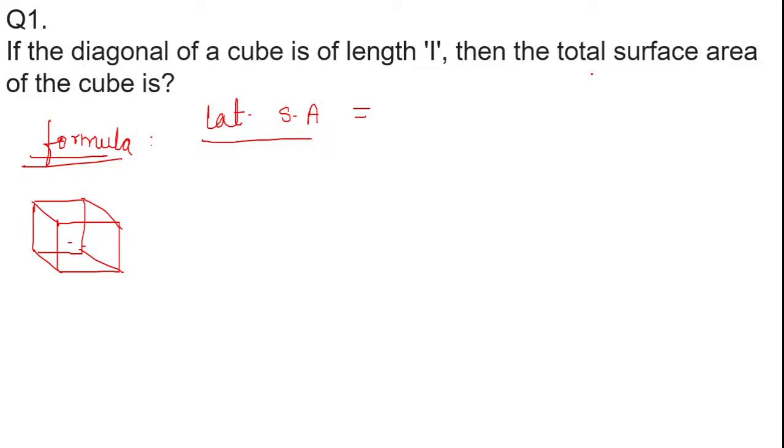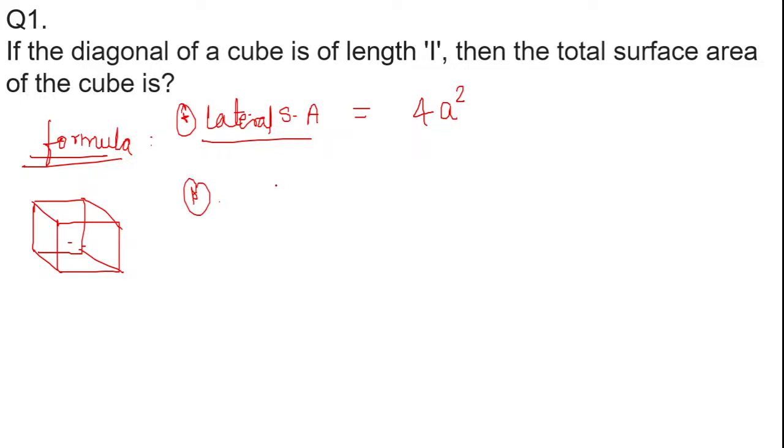So if they ask us to find the lateral surface area, as we know, each face is a square. There are 4 lateral surfaces, 4 squares, so we take 4a square as the lateral surface area. Directly a question can be asked upon these formulas.